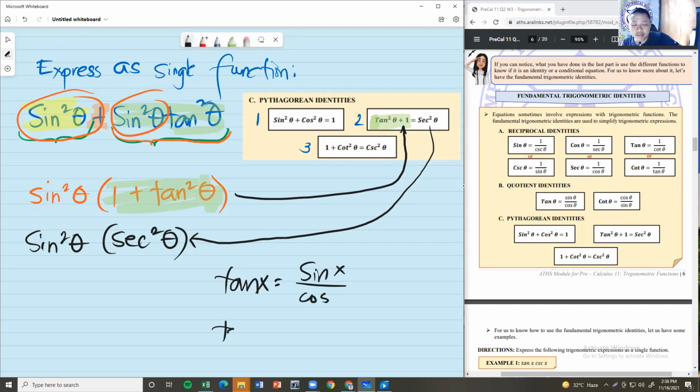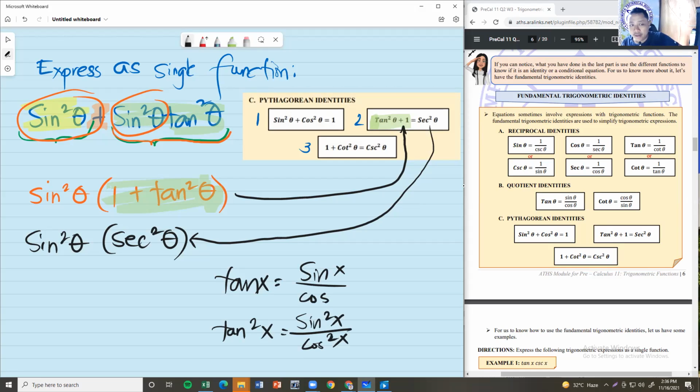If worst comes to worst and it is squared, tangent squared theta can also be rewritten as sine squared x over cosine squared x. It's okay to square the different identities.